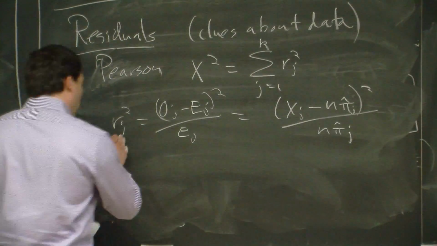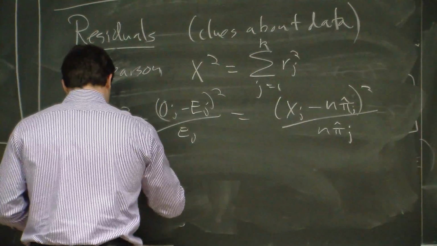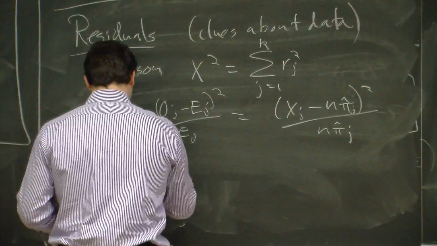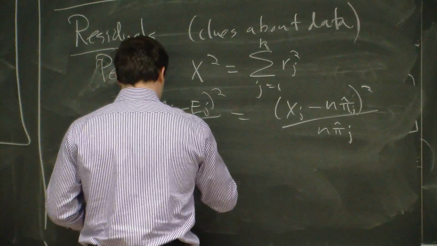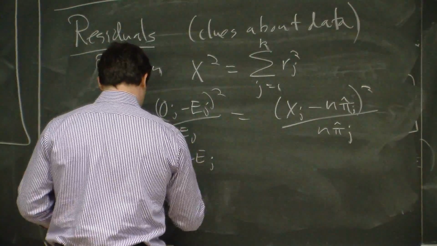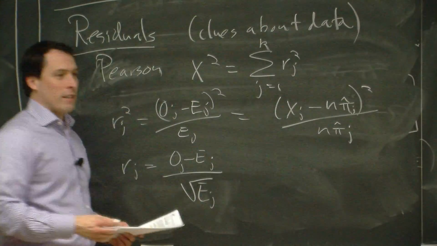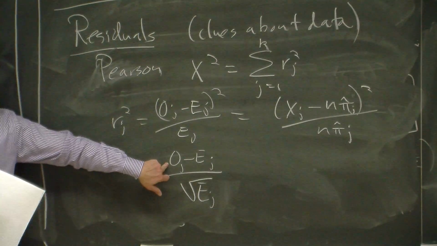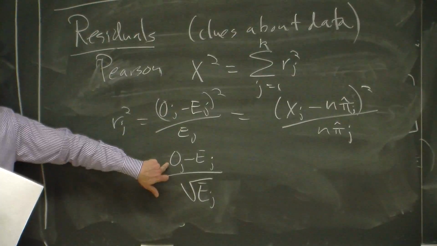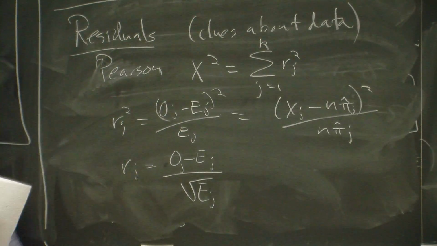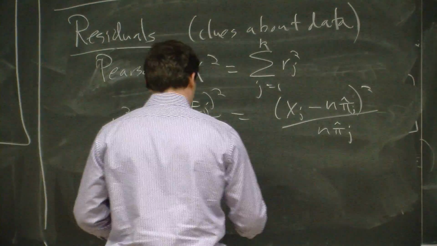And if I take the square root of this, well, not the square root, but the right square root. There are 2 square roots, and obviously I want the one whose sign agrees with the direction of the error. And then this is the residual.